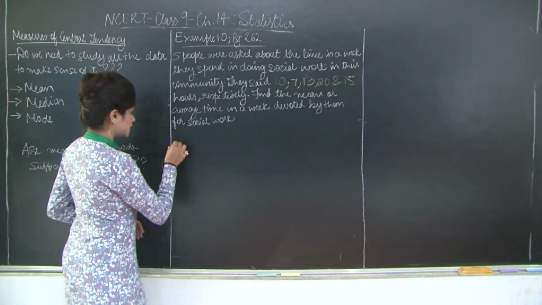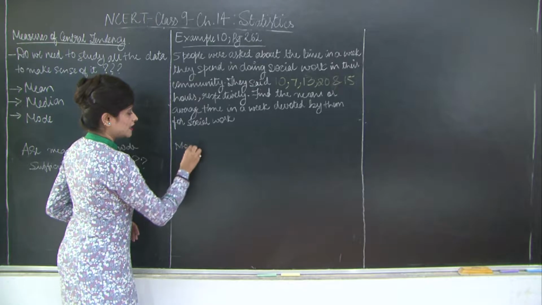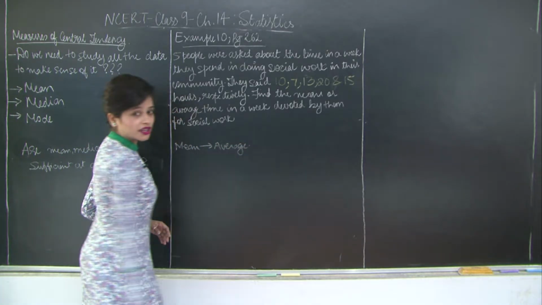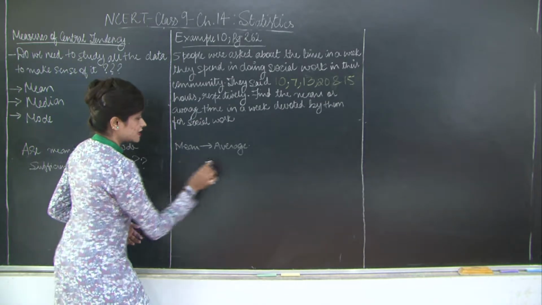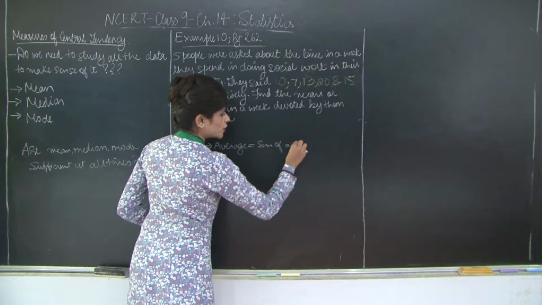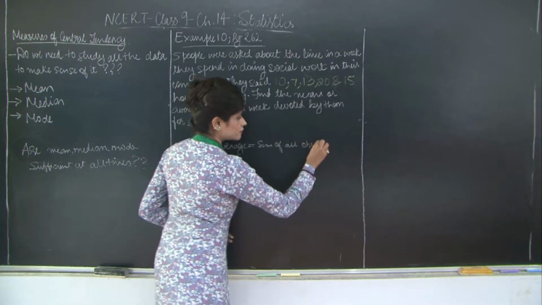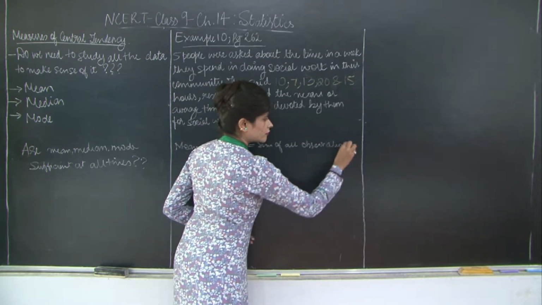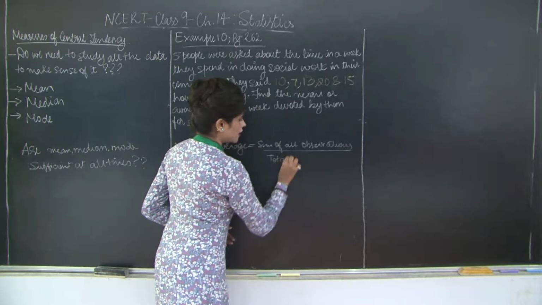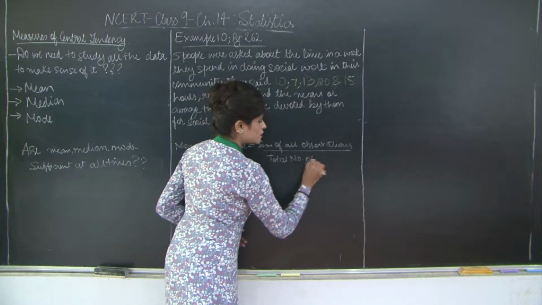What is mean? Mean is nothing but average. Average is the sum of all observations upon total number of observations.